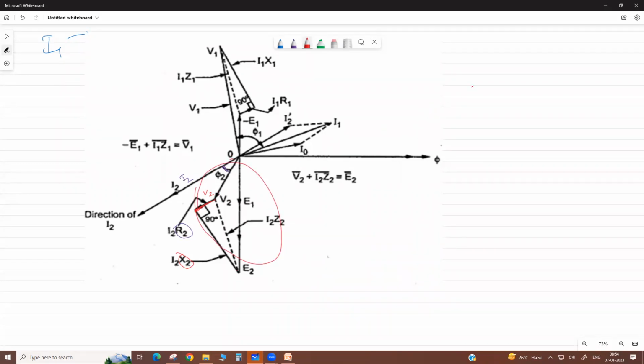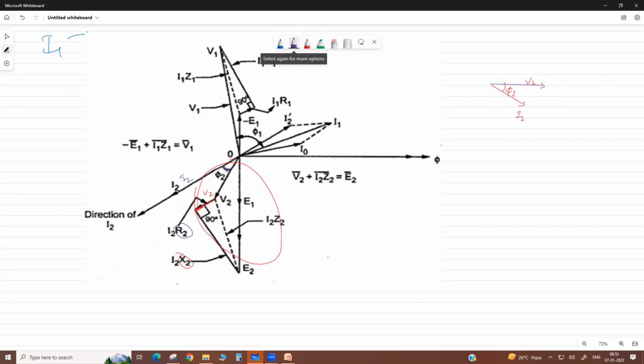Here it shows only the secondary side. Like this is your V2, then your current lags. This is your I2, lagging with phi2.